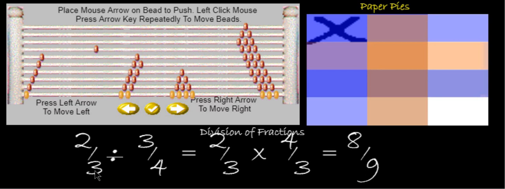So by flipping the second fraction and changing it to multiplication, we have the equivalent to the division problem, 2/3 divided by 3/4. In the first case, we say the 2/3 of the entire rectangle, being 8 of these parts, is compared to the 3/4, where we see there are 9 parts. So we get 8 compared to 9.